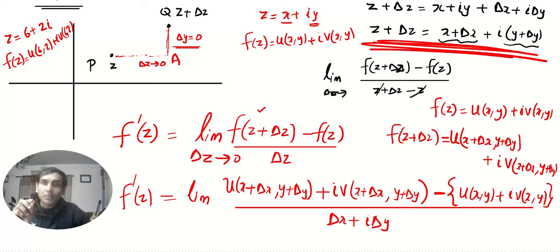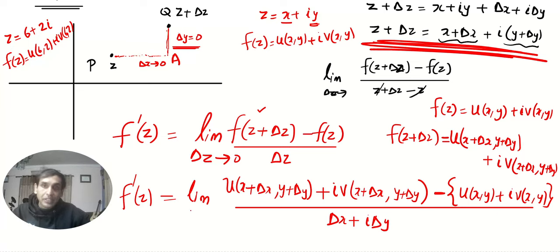When you move from Q to A, I am actually making Δy equal to 0 because this controls the height and this controls the x value. And I have to come nearer and nearer, very near, because we are talking about two points very nearby, z and z + Δz.